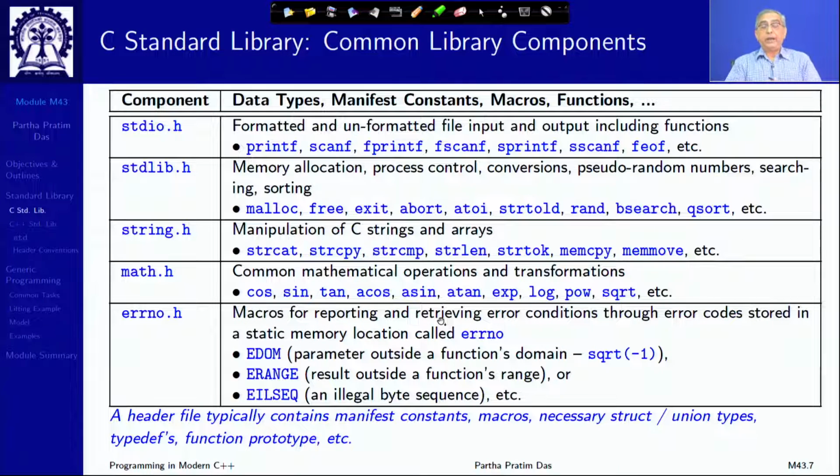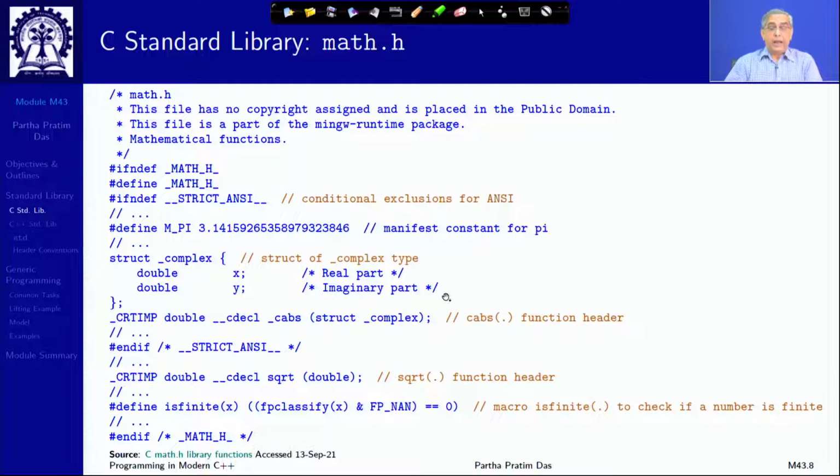So, a quick look at some of the major common library components of C, which we are regularly using: stdio.h, stdlib.h, string.h, math.h are 4 that almost every time we need. This is how a typical header would look like.